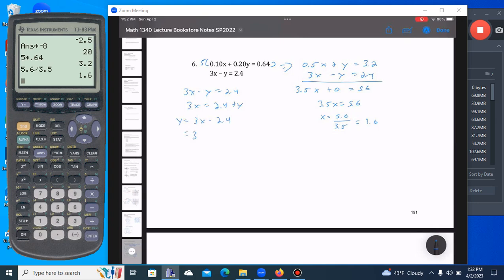Now we can plug in the 1.6. So 1.6 times 3 minus 2.4 gives you 2.4. So your solution here is 1.6, 2.4.